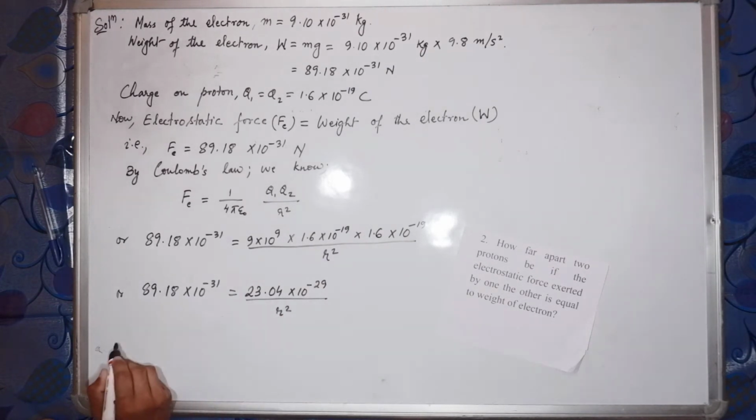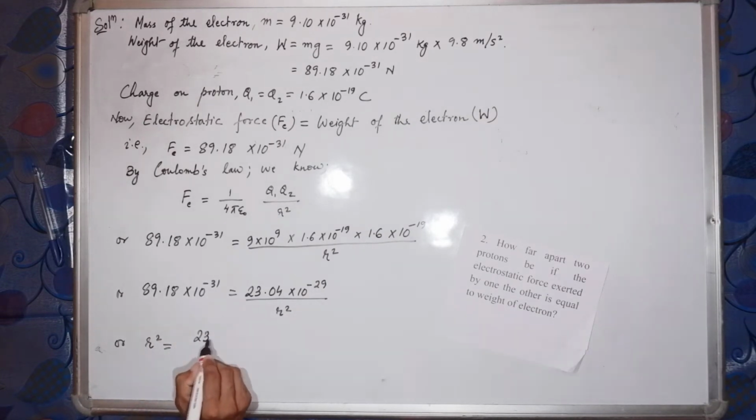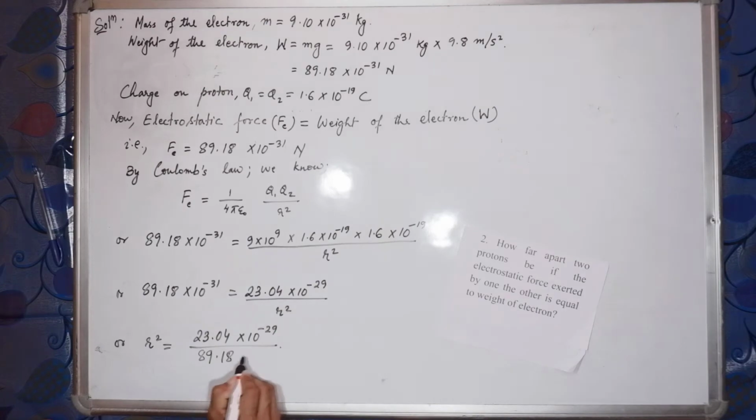We want r square, so r square equals 23.04 into 10 to the power minus 29 divided by 89.18 into 10 to the power minus 31.